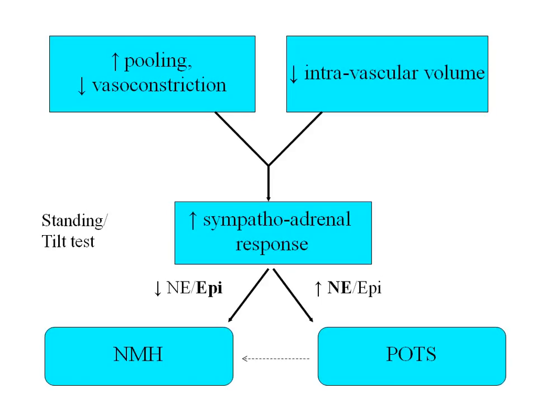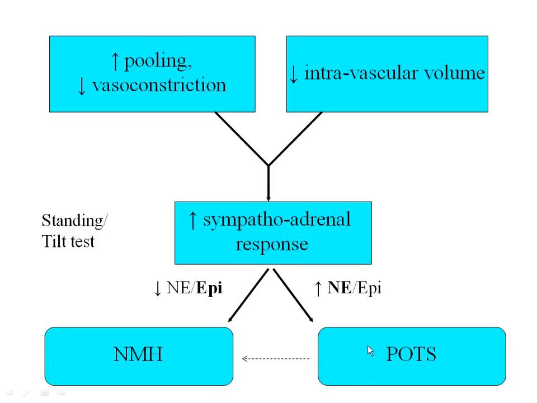And Goldstein would suggest that the way you get POTS rather than NMH depends on your early catecholamine response. If you have a higher release of norepinephrine, which is a very potent vasoconstrictor compared to epinephrine, you might develop POTS and maintain your blood pressure for a while.